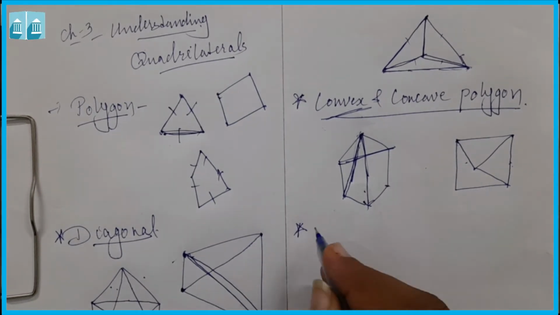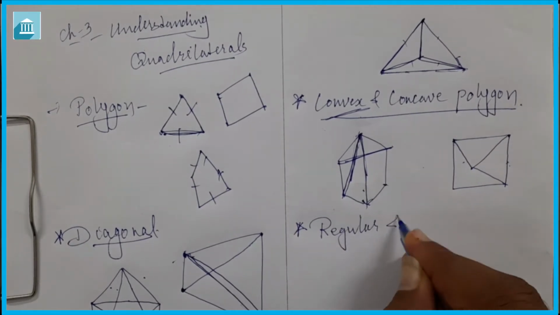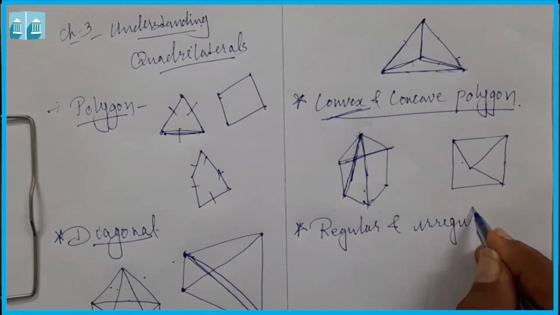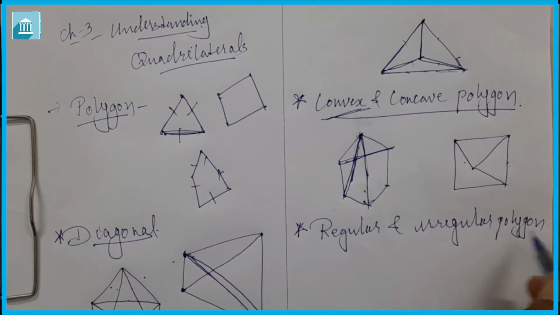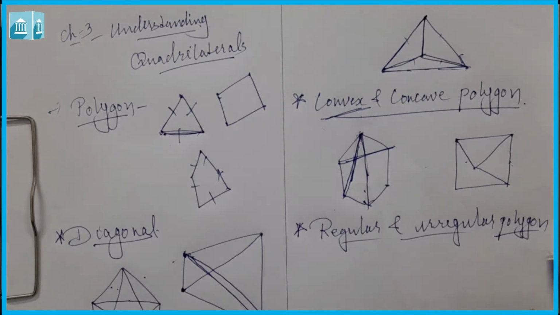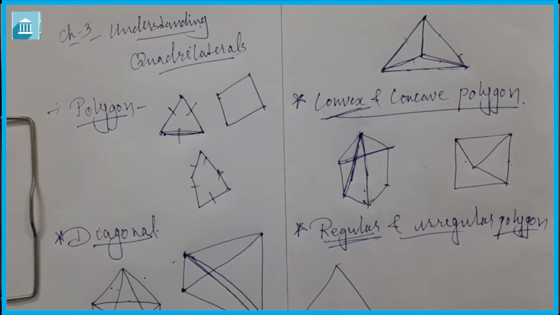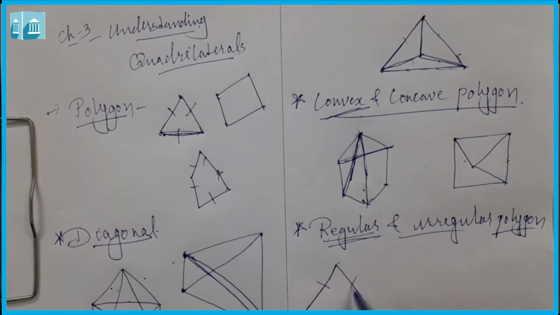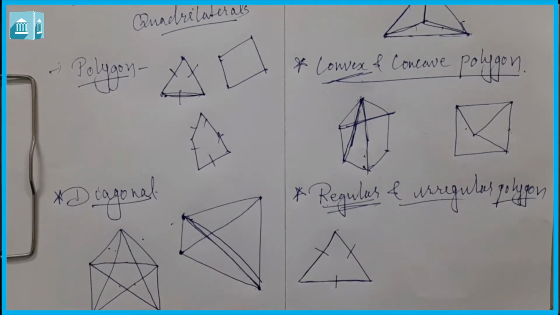Now let us see regular and irregular polygon. So let us begin with regular polygon. Regular polygon means the polygon which has equal line segments or equal sides, if this side and this side, these all are equal, it is known as regular polygon.